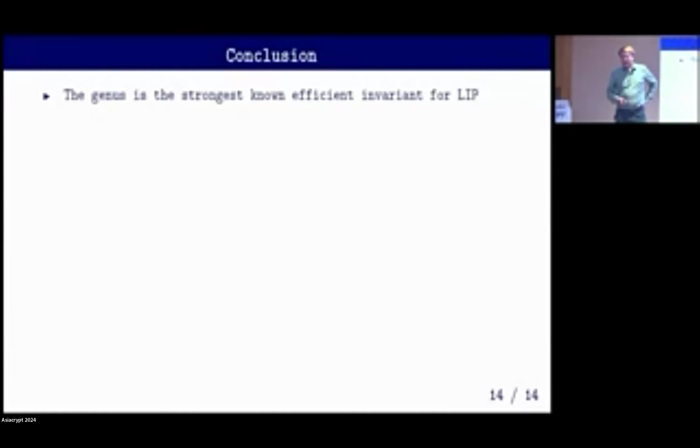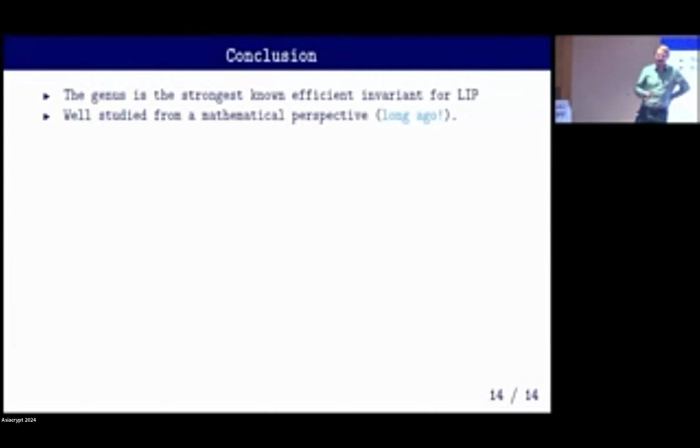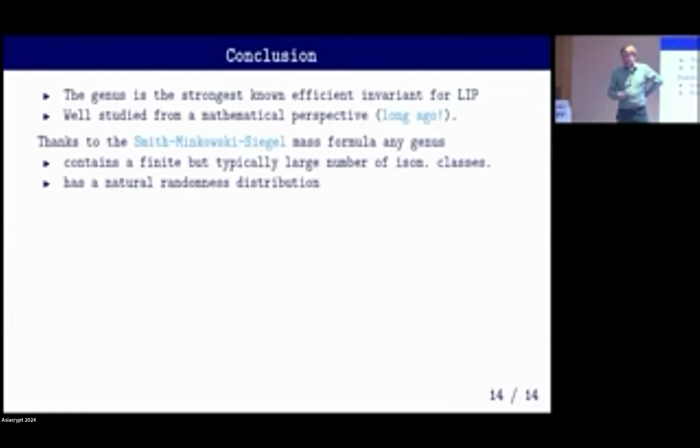Okay, so let me conclude. The genus is the strongest known efficient invariant for lattices that we know, and it has actually been well studied from a mathematical perspective long ago already. Essentially all the results I used for this work are from before the 1950s. Thanks to the Smith-Minkowski-Siegel mass formula, we know that any genus contains a finite but typically very large number of isomorphism classes, and it gives us a natural notion of randomness over such a genus.